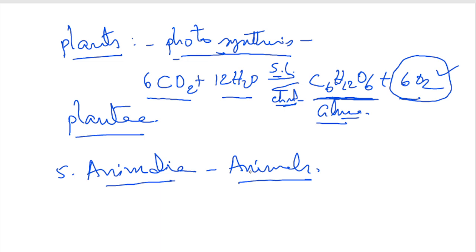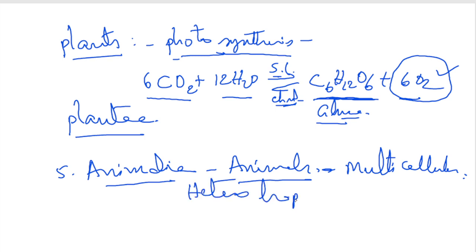Animals are all multicellular organisms, and they are heterotrophs. Heterotrophs means they depend on other organisms for their food material. Because of that, they are called heterotrophs, and they don't have a cell wall. In fact, the plant cell and animal cell have a difference.